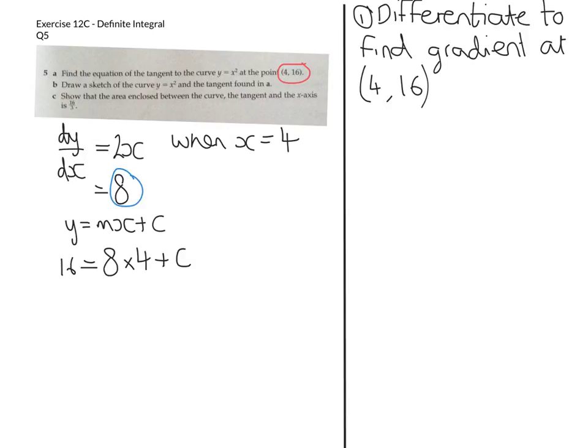That's basically what we're trying to work out. So we know that c is equal to 16 minus 8 times 4, which is 32. So c is equal to minus 16.